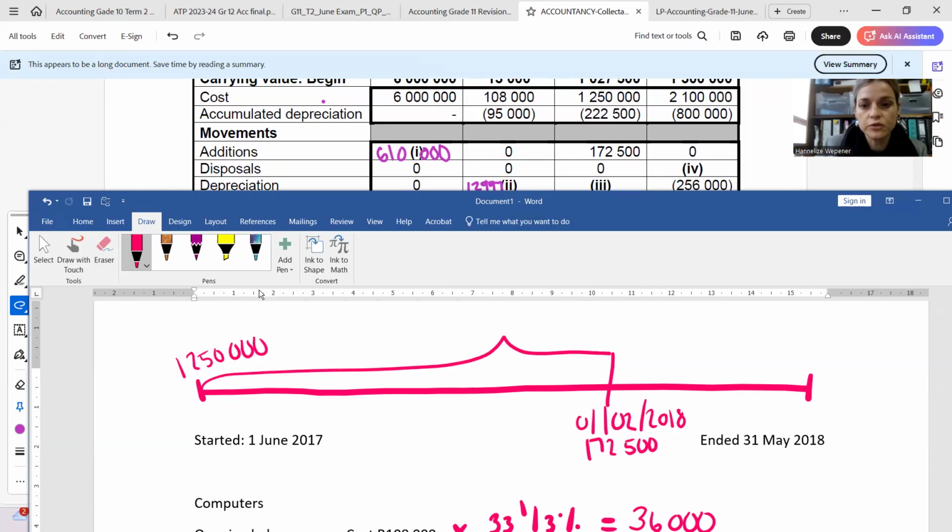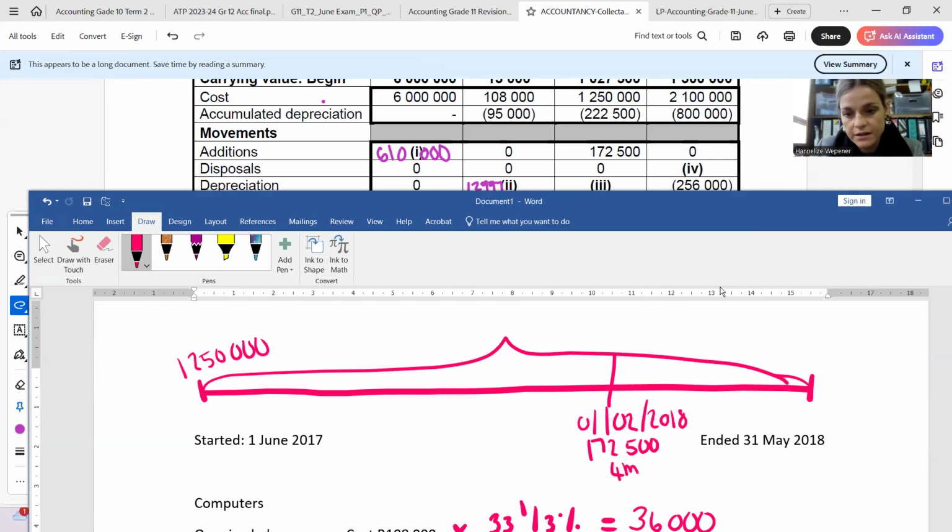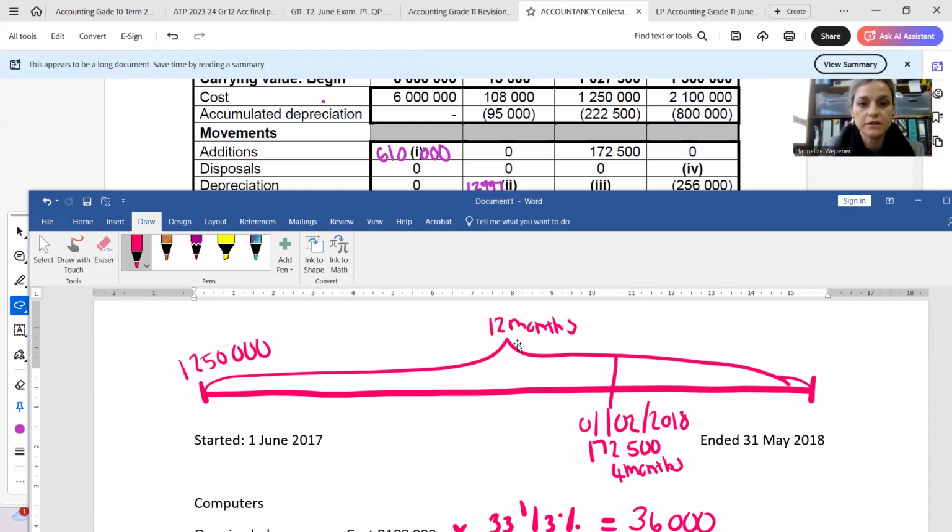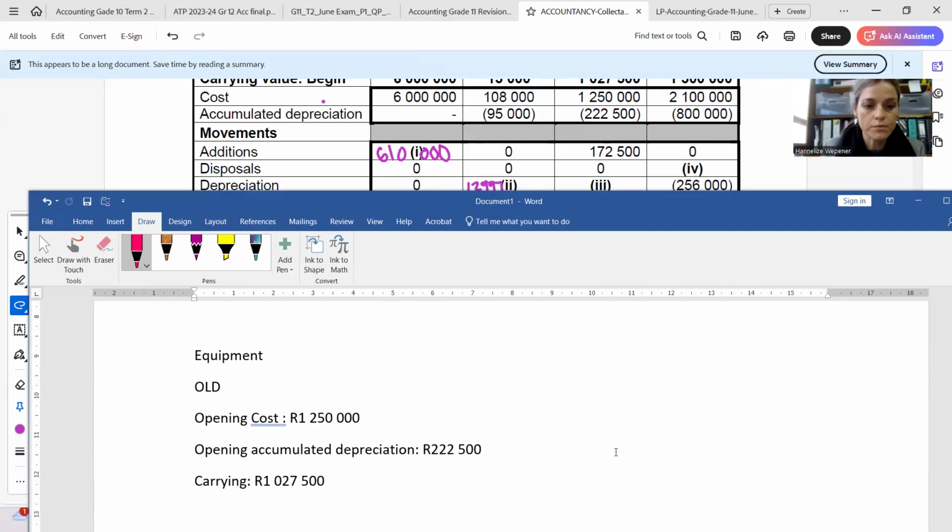So you had it for the full 12 months. But then you also had some new equipment that you purchased on the 1st of Feb. So you only owned it for Feb, March, April, May. So only for 4 months in your current financial year, as opposed to the 12 months that you had your old equipment. And that's why you need to split the calculation, because one thing you had for 12 months, the other thing you only had for 4 months.